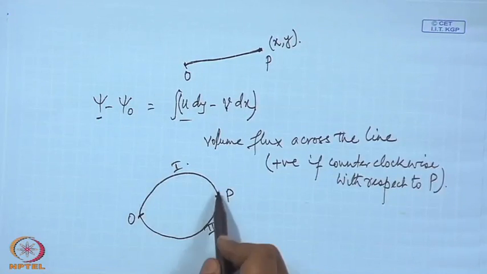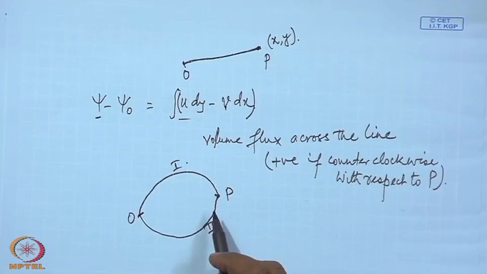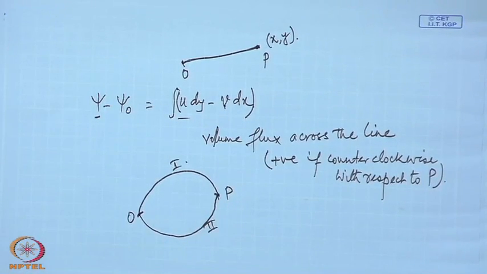Because psi minus psi 0 following this path and psi minus psi 0 following the other path cancel each other. So, this psi at this point simply depends on this point itself, as long as the path encloses only an incompressible flow region.